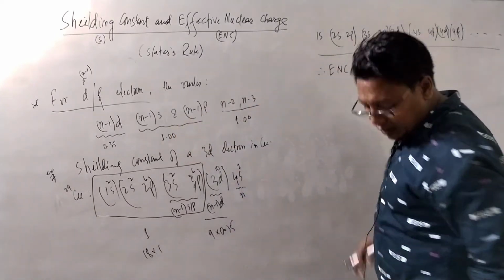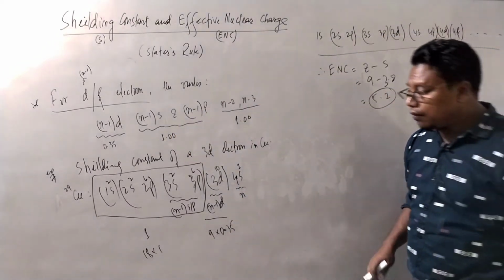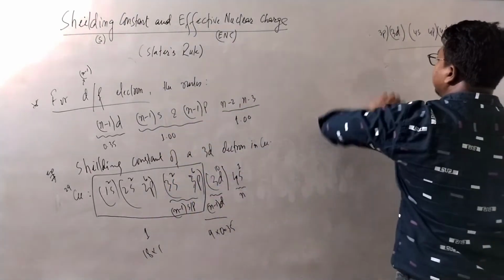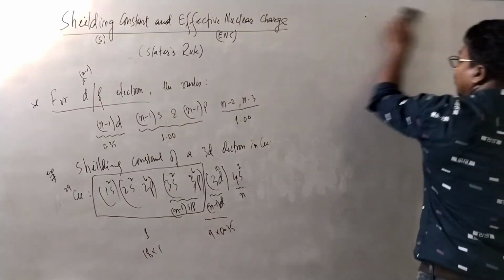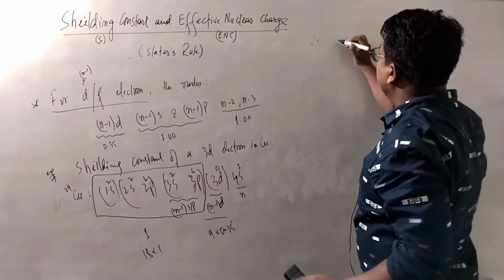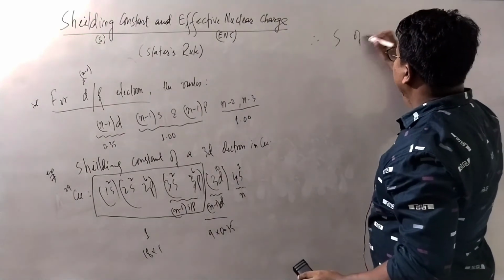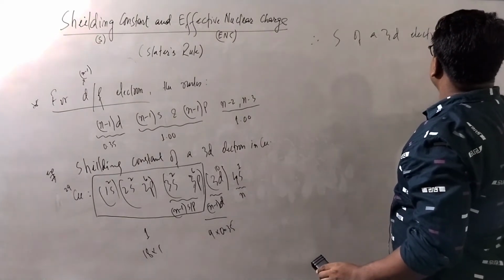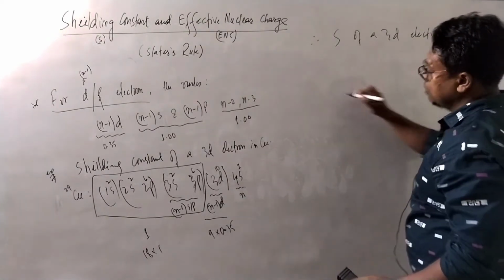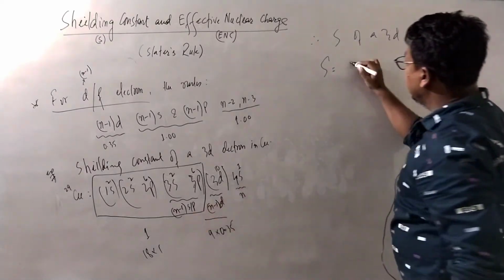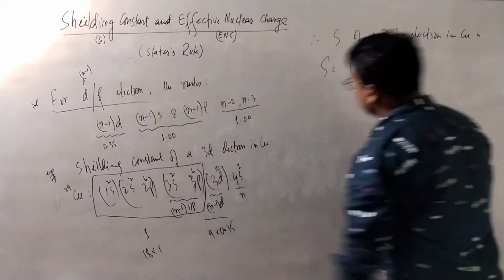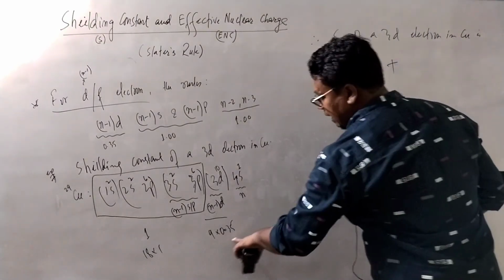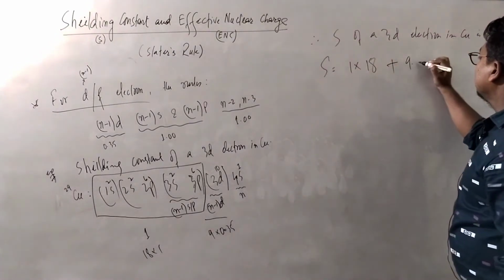So the shielding constant of an electron in 3d in case of copper will be, therefore S of a 3d electron in copper is 1 into 18, okay, plus 9 into 0.35.